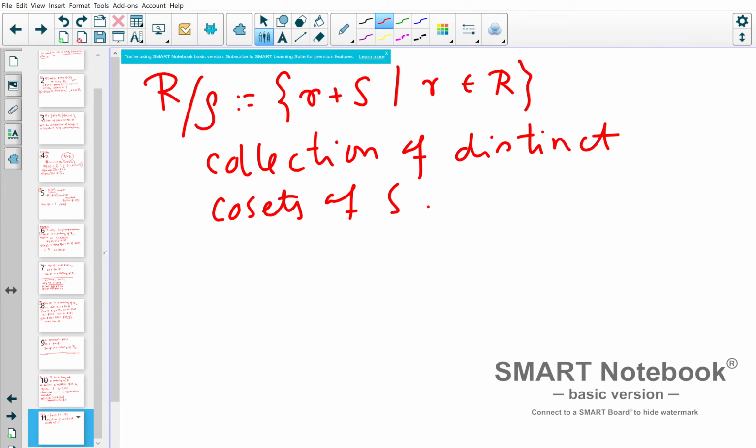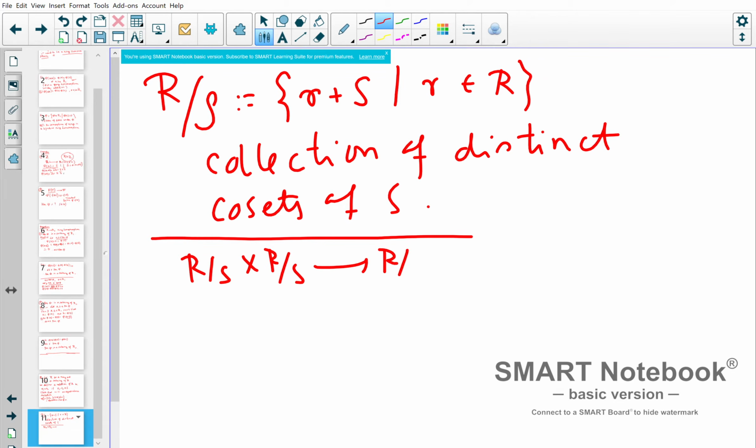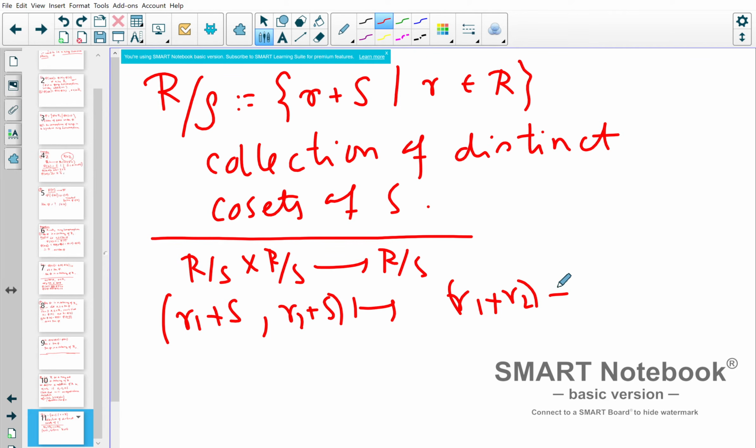For example, we have a natural map, right? From R/S cross R/S to R/S, the addition is a natural map. You take R1 plus S and R2 plus S, and that maps to R1 plus R2 plus S, right?